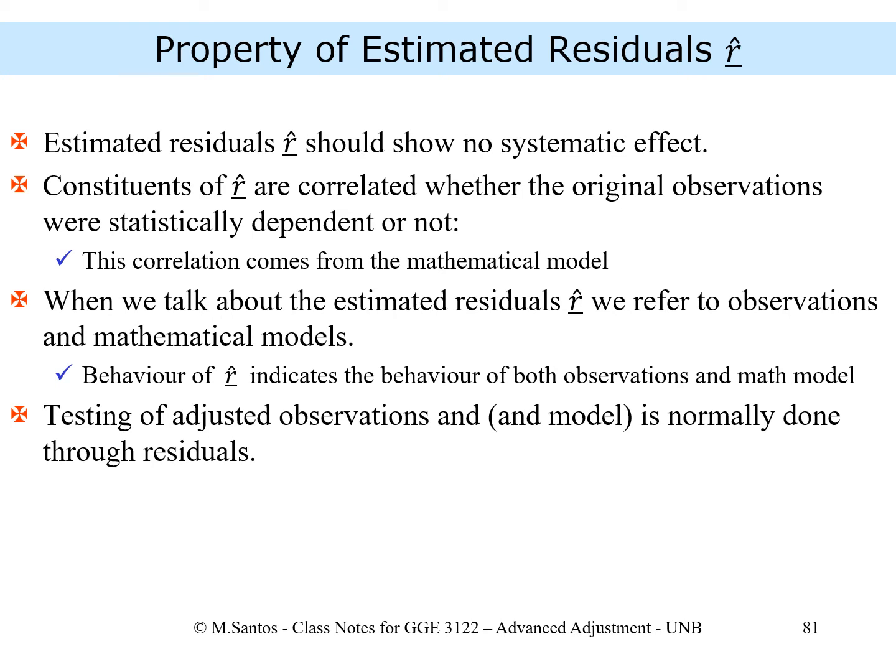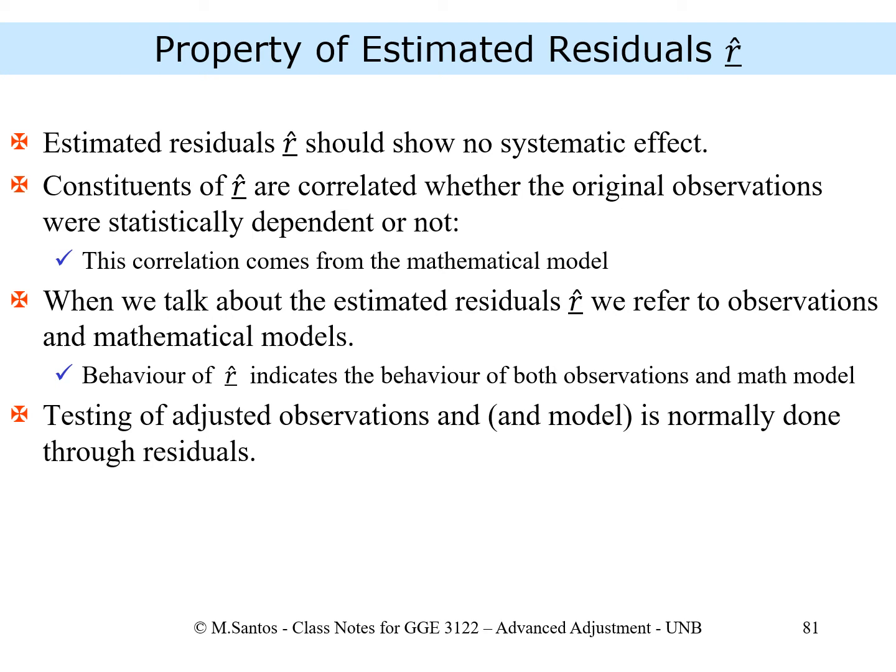Because during the adjustment we create a mathematical correlation. So the observations get correlated, and therefore during the adjustment, the estimated residuals will have a fully populated covariance matrix of the residuals.